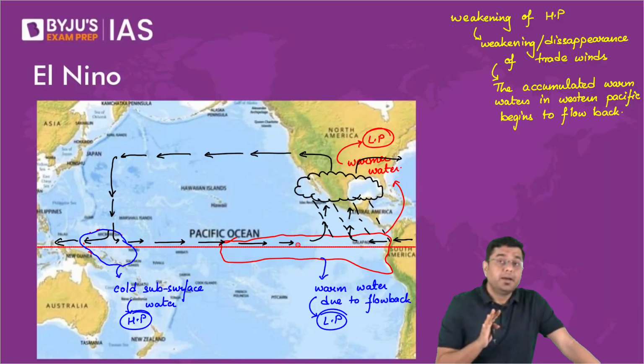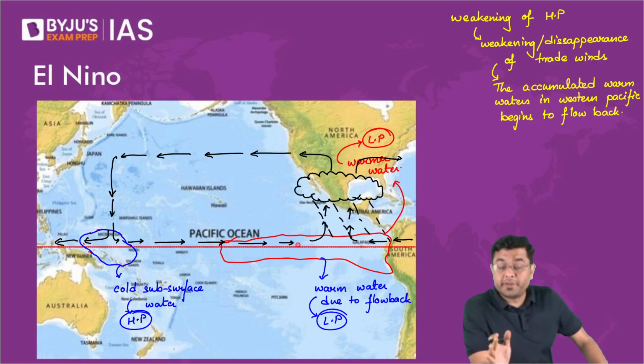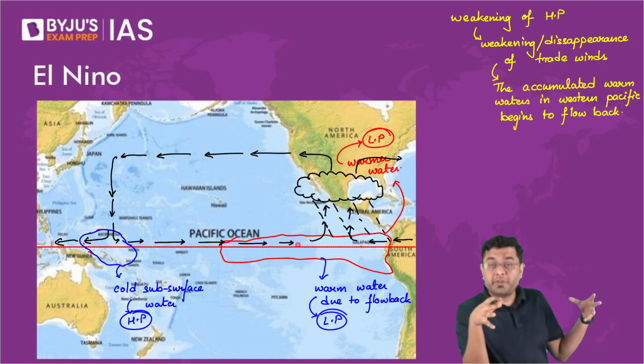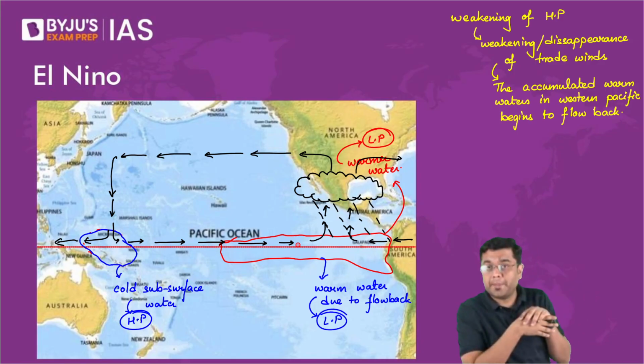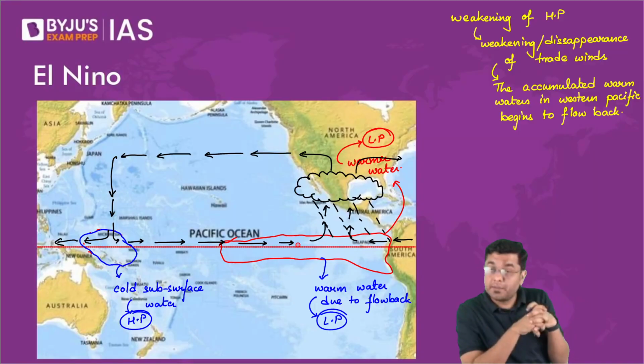So here, in the case of La Nina, we also observed the cooling phase of Pacific, because a significant portion of Pacific was cooled down due to upwelling. So here, can we refer to this as the warming phase of the Pacific because the warmer waters are spread over the central and the eastern Pacific? Can we refer to this as the warming phase of the Pacific?